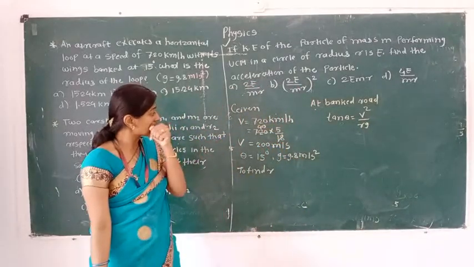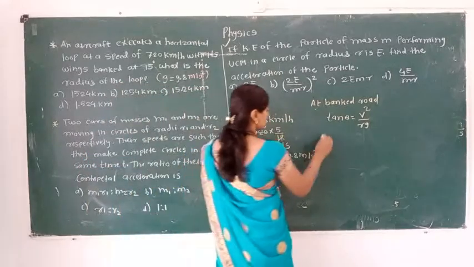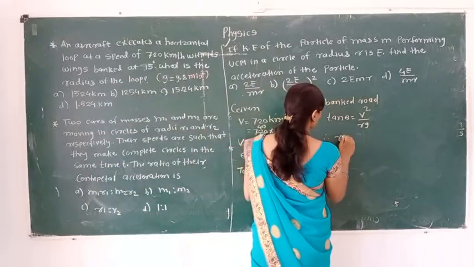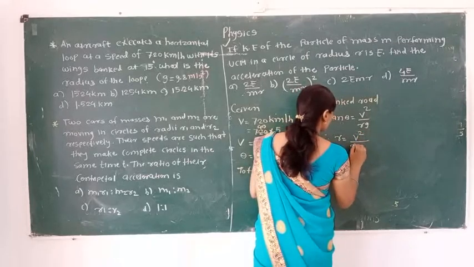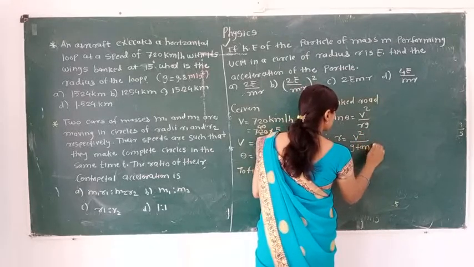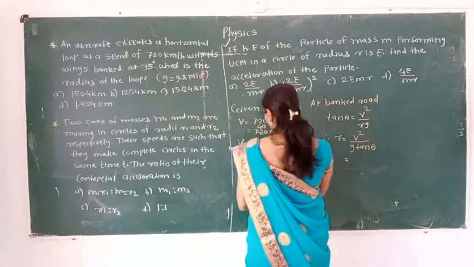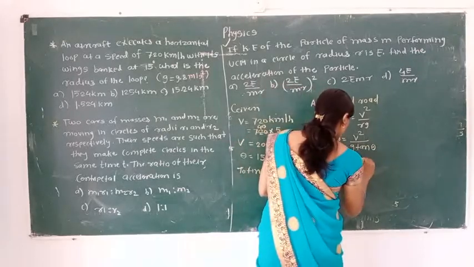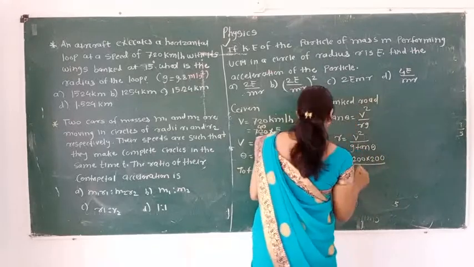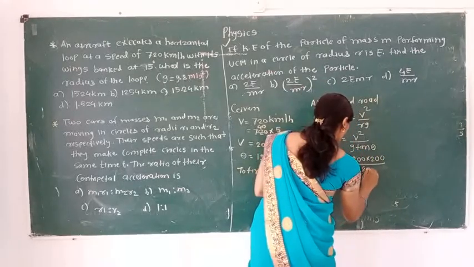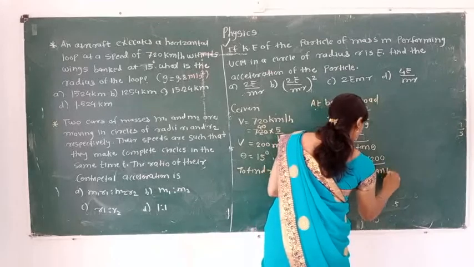We have to find out the value of r. So by rearranging terms, we get r is equal to v square divided by g into tan theta. The value of v is 200, the square of that 200, the value of g is 9.8, and then tan 15 degree.